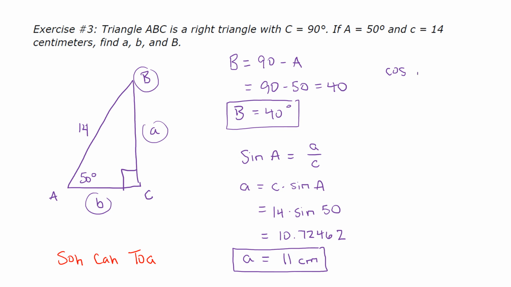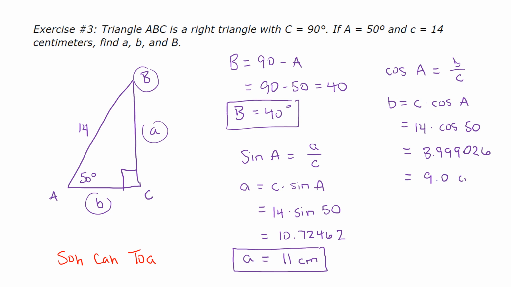So cosine of A is going to equal B over C, so B will equal C times the cosine of A. I know C is 14, and I know the angle measure of A is 50. When I enter that into my calculator, I'll get this decimal. I need to round this to two significant digits, so this would be 9.0 centimeters.